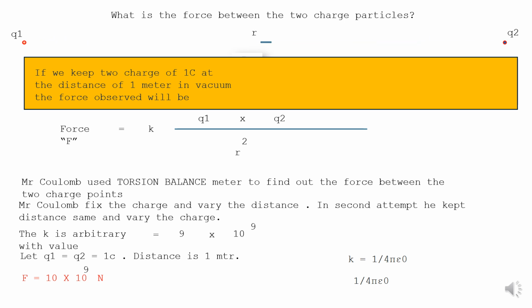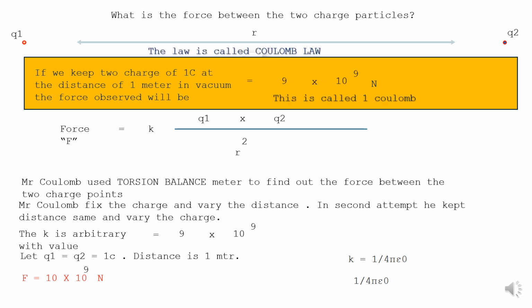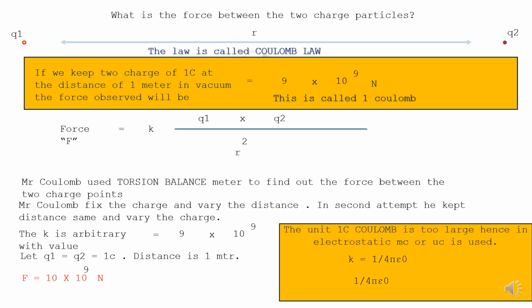If we keep two charged particles of 1 coulomb each at a distance of 1 meter in vacuum, the force will be 9 into 10 raised to 9 Newton. This is called Coulomb's law. Please students, it is very easy to understand. If we keep two charges of 1 coulomb at a distance of 1 meter in vacuum, the force between the two charged particles will be 9 into 10 raised to 9 Newton, and this is called Coulomb's law.